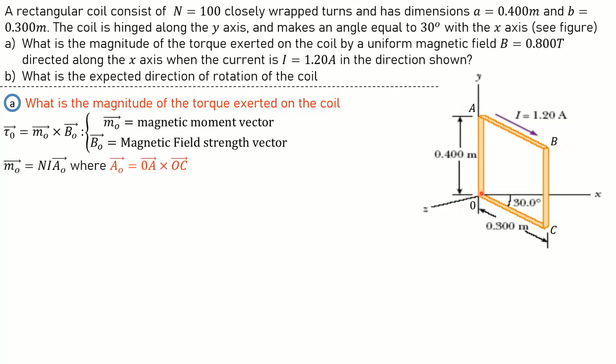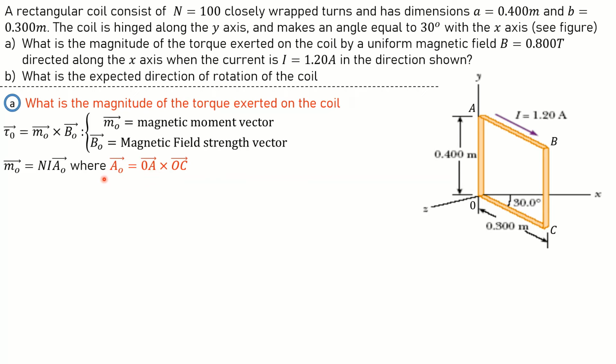Now the directions, having the magnetic moment as N I times A0 vector, where A0 is simply the cross product of OA and OC. So it is the cross product of OA and AB, or the cross product of OA and OC, because AB is parallel to OC.